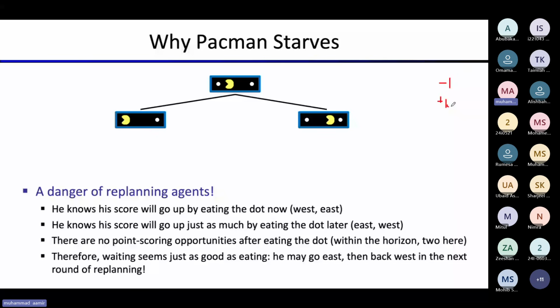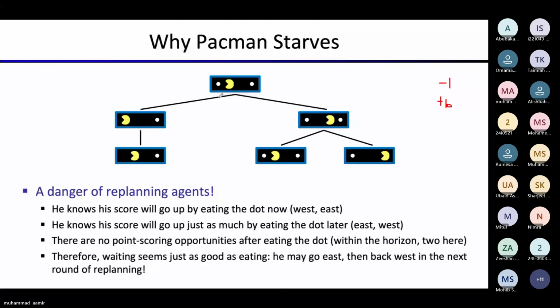Why will Pac-Man starve? Because it is interesting. If Pac-Man moves one step here, the cost is -1. Here you will get -2, one step, and here you will get -2, but you have eaten one dot, and that is going to be +10.